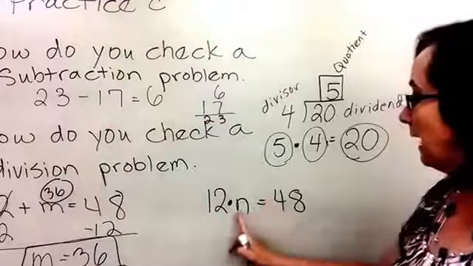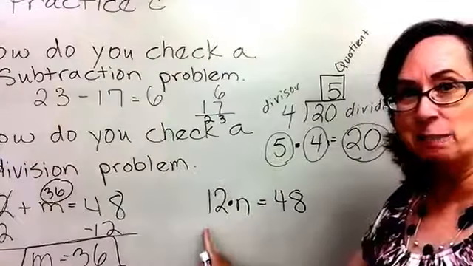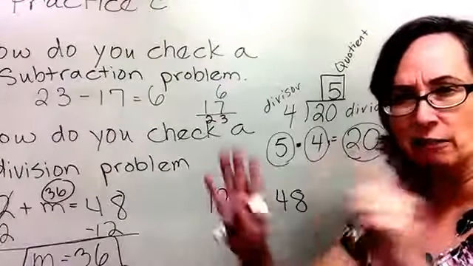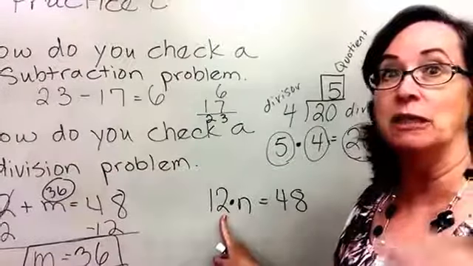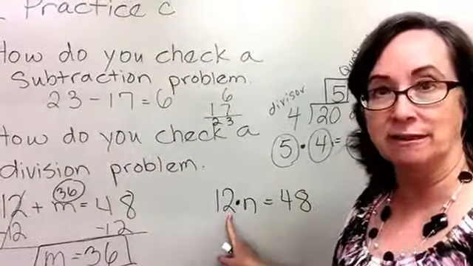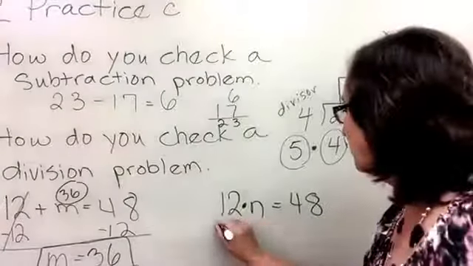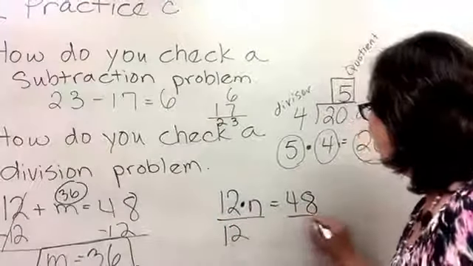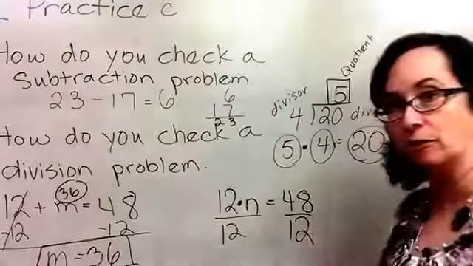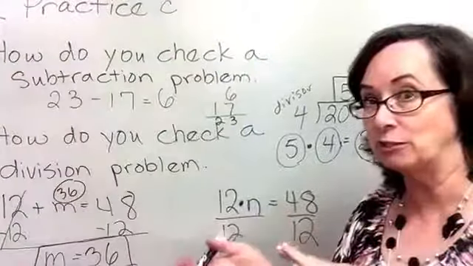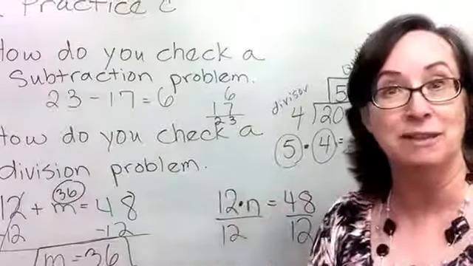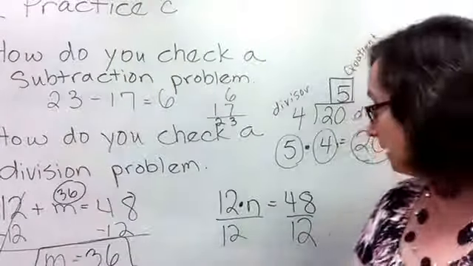Okay, so now that my n is bothered by this 12 over here, trying to get rid of that 12, since it's joined by multiplication, I will undo that with division, right? So I'm going to divide by 12. Over here, I must also divide by 12. Again, whatever I do to one side of the equation, I must do that same thing to the other side of the equation.